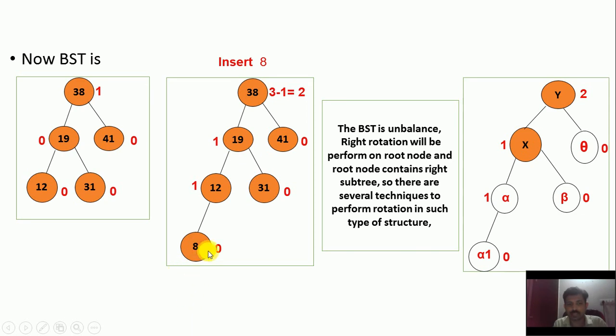The range of the balance factor for a balanced AVL tree is 0, 1 and -1. Here for node number 38, the balance factor is +2. So we have to perform right rotation, but this node number 38 is the root node and also contains a right subtree. So these are the special cases, and we have to learn how to perform the rotations on these cases.